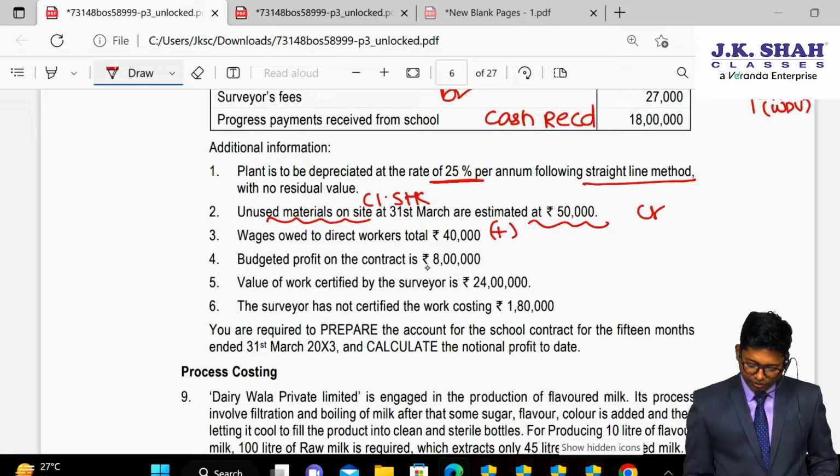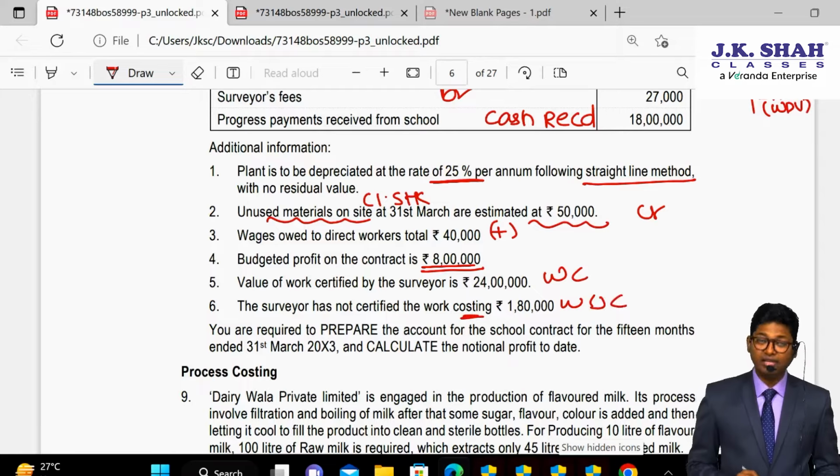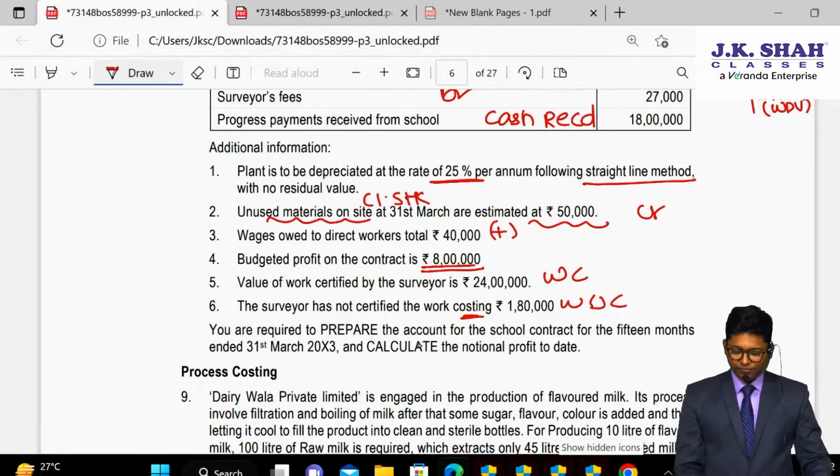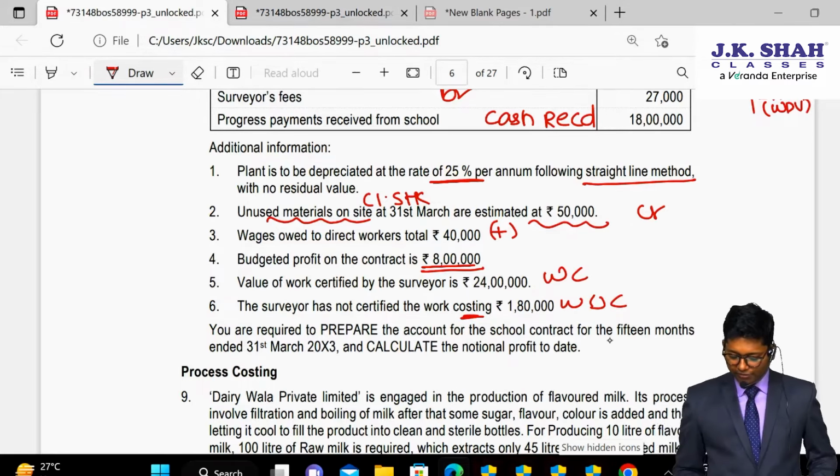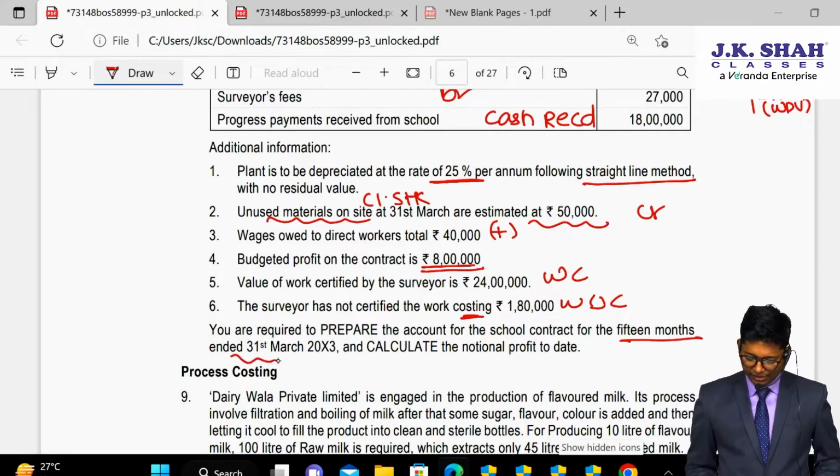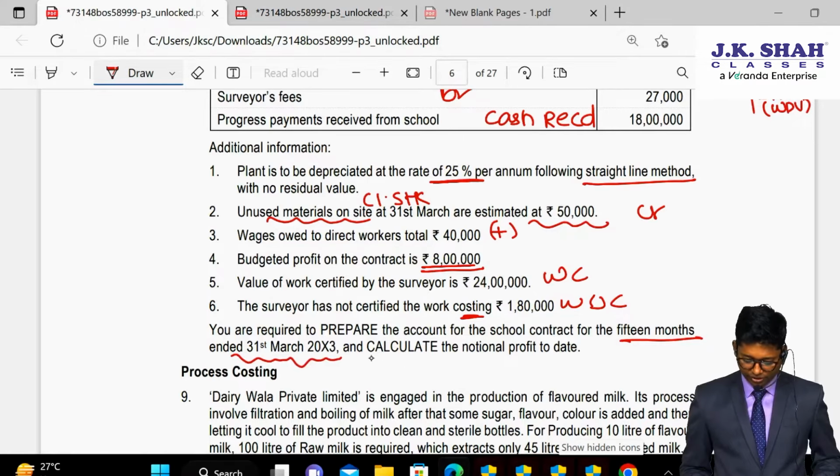Budgeted profit on the contract is 8 lakhs. 8 lakhs rupees is the budgeted profit given. Value of work certified is also given, and the surveyor has not certified the work, uncertified is given at cost. You are required to prepare the account for the school contract for the 15 months ended 31st March 2013 to calculate the notional profit to the date.